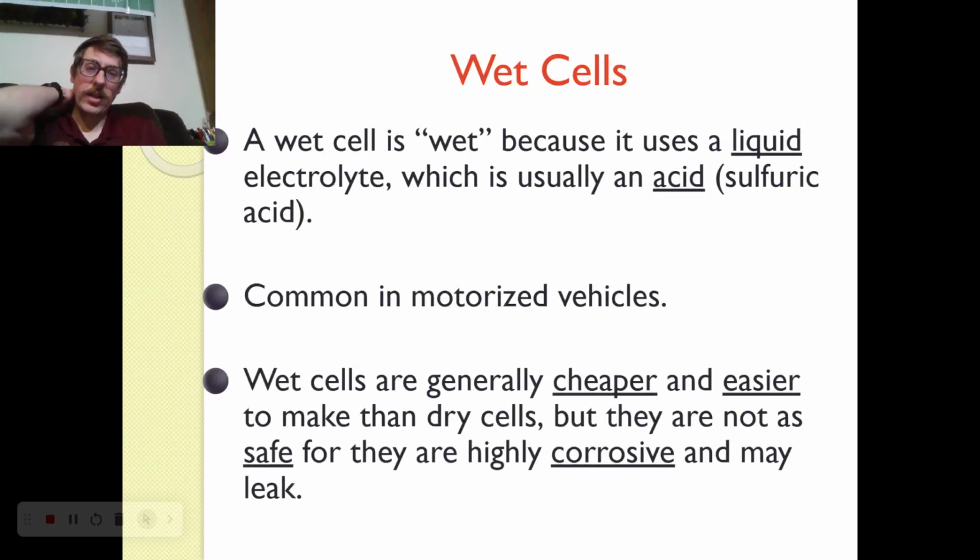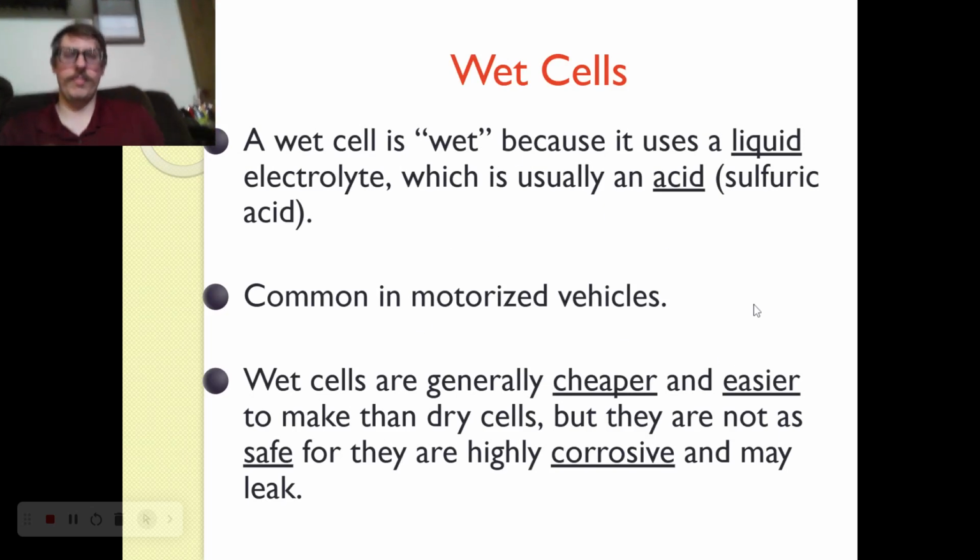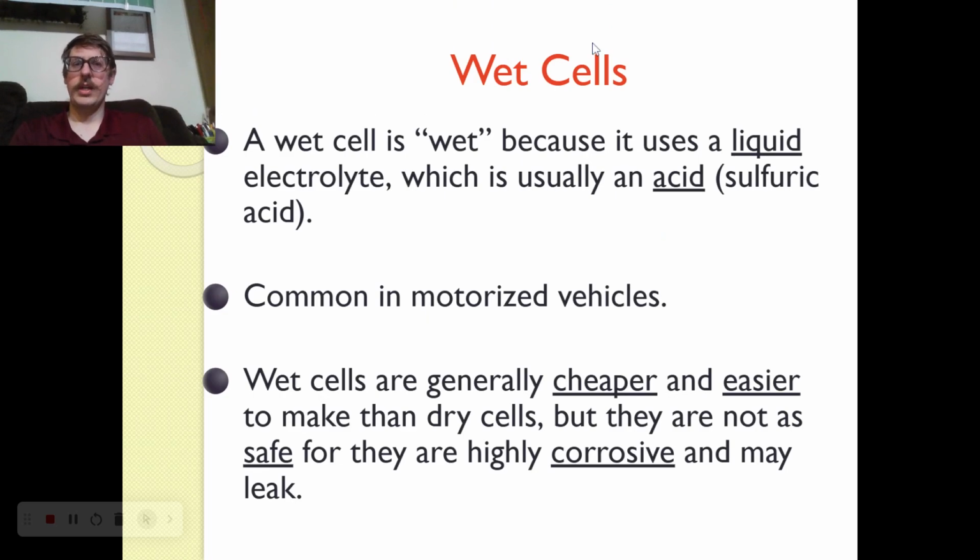But there are wet cells, like a motorized vehicle, a car battery is a wet cell. It uses a liquid electrolyte. It's usually an acid like sulfuric acid, H2SO4, and it allows for really fast usage of the electricity.